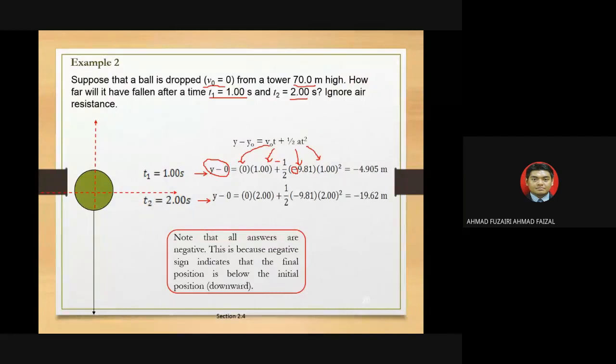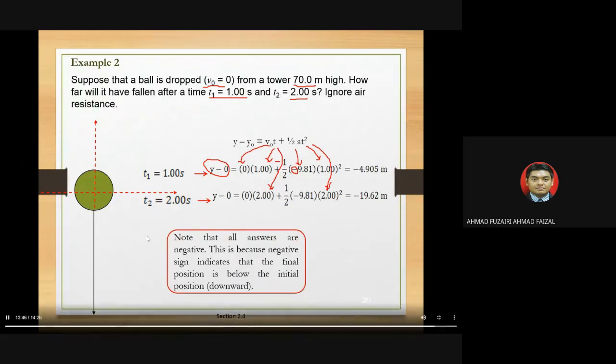You still get the answer negative 4.905 meters. Then the same goes for time equals 2 seconds. Just substitute t with 2 seconds and t here with 2 seconds. You can get negative 19.62 meters. Note that all answers are negative because the final position is below the initial position, which is downward.